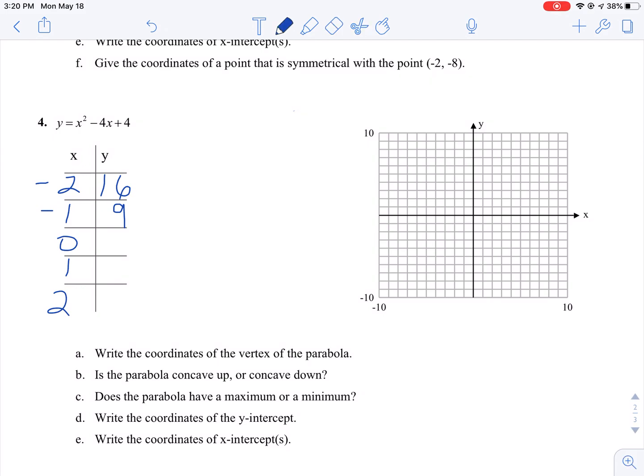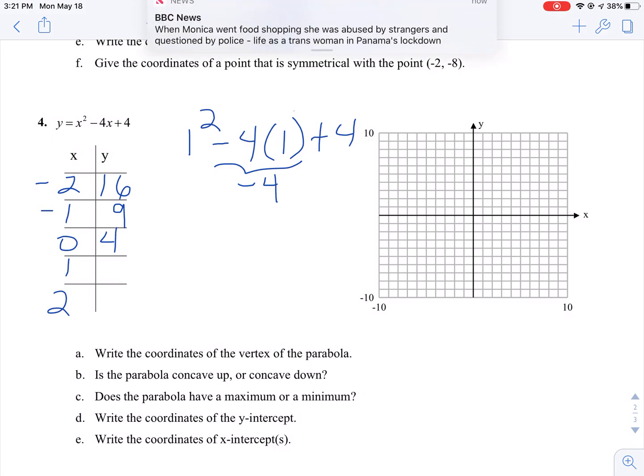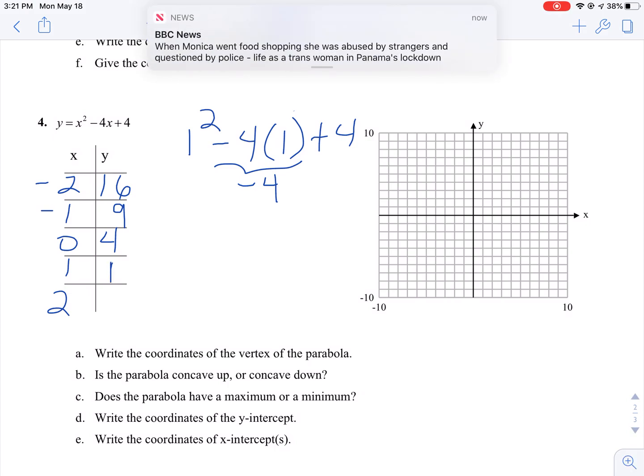As we move down, if x is 0, I'd have 0 squared minus 4 times 0 plus 4. This is all 0, so I just get 4. At x equal to 1, I'm going to put 1 in there, square it, minus 4 times 1, and then plus 4. I'd have 1. This becomes negative 4. Negative 4 times positive 1, plus 4. So I just get 1 there.